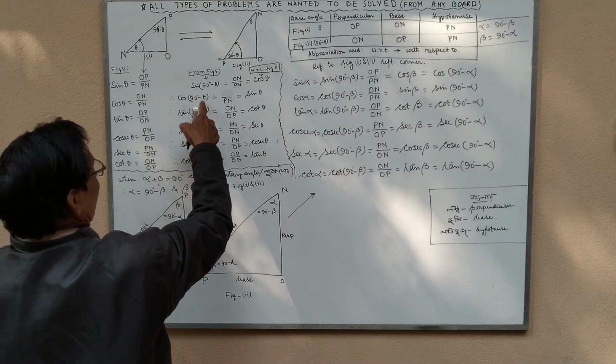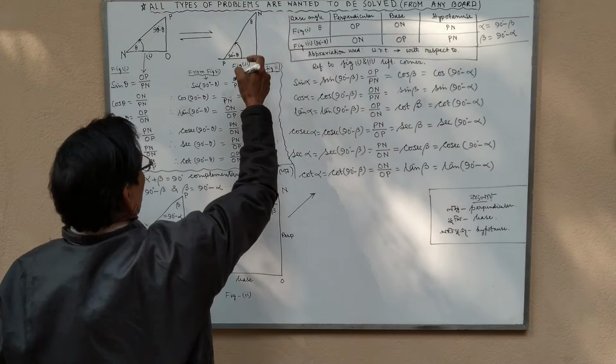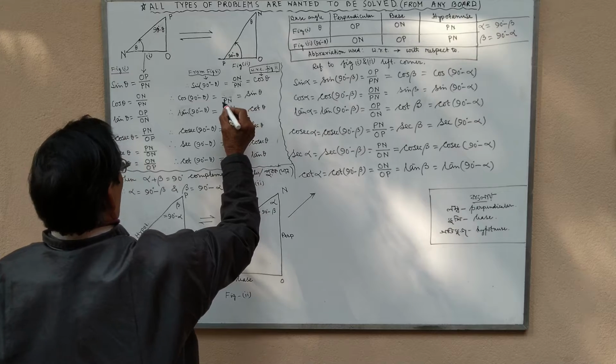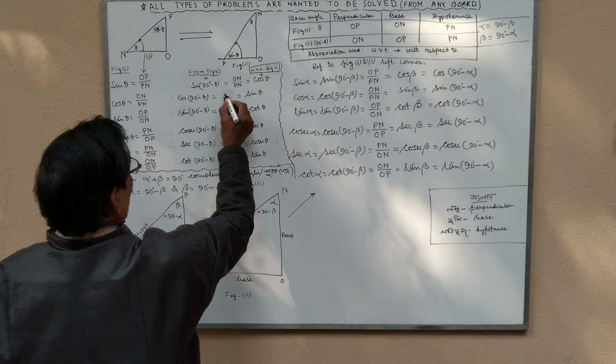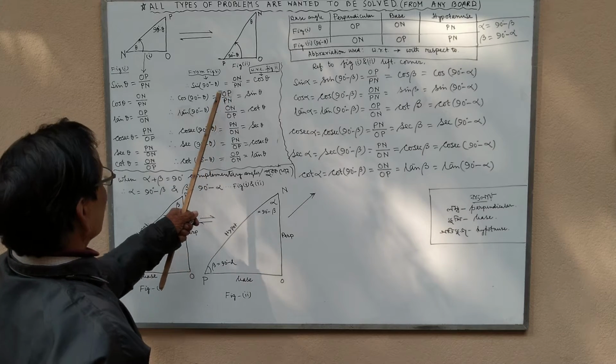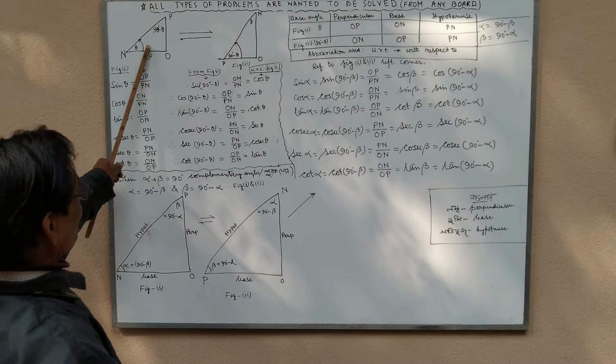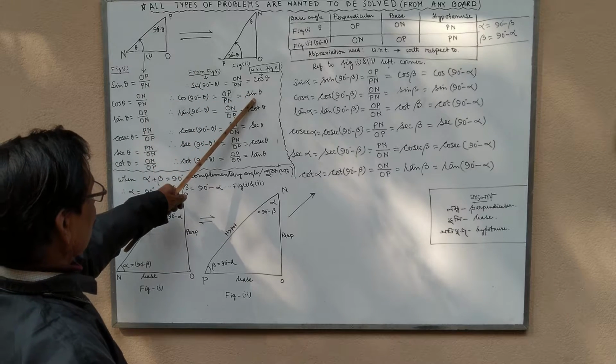So cos 90 degree minus theta, in this case ON is the perpendicular and it will be OP by PN. With respect to this figure, this is sin theta.